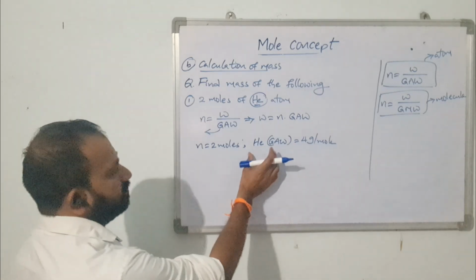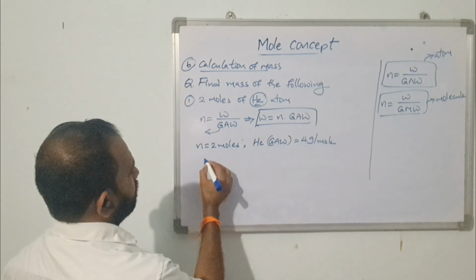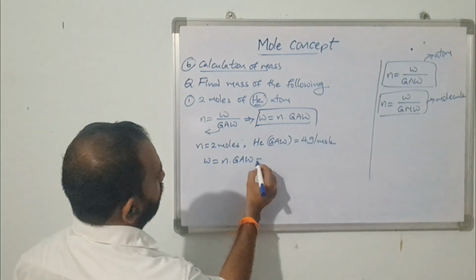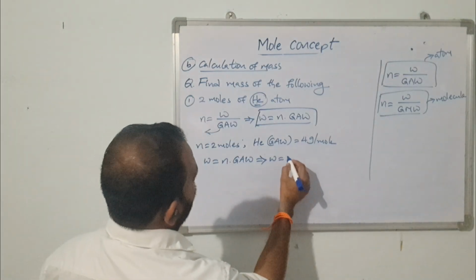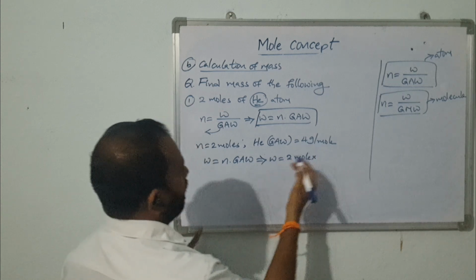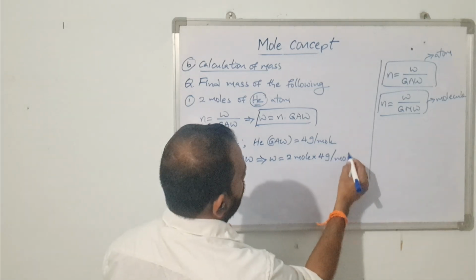So let's substitute these values in this equation. W is equal to number of moles into gram atomic weight. Here number of moles is equal to 2, and the gram atomic weight is 4 gram per mole.